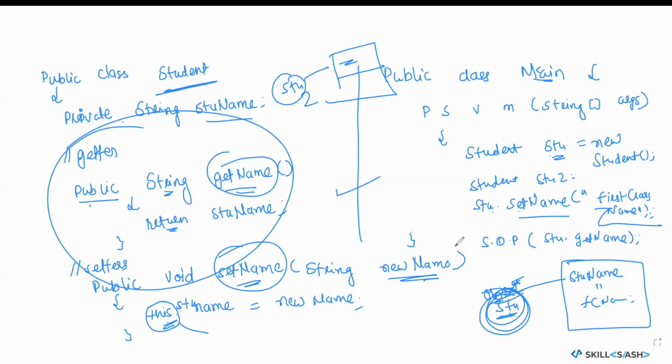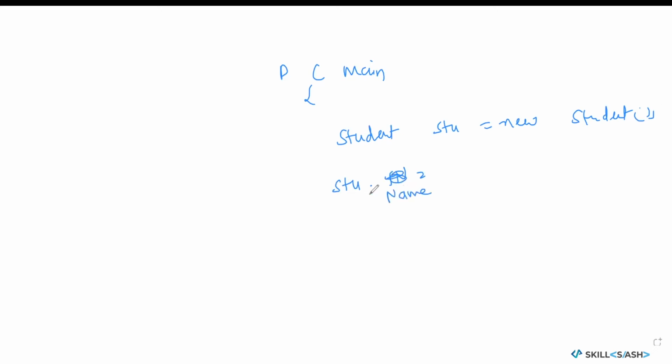Otherwise, no. So that means if I have created this kind of structure, and in the public class main, let's say I do something like this: Student stu = new Student, and then stu.firstName, or whichever variable name we have used, equals John Doe, the famous name in all CVs and all the things that we generally use for examples.